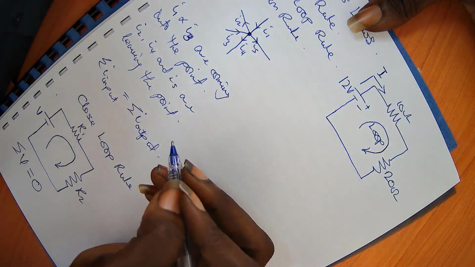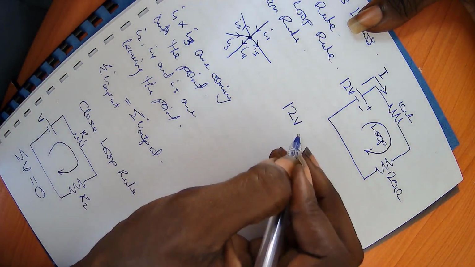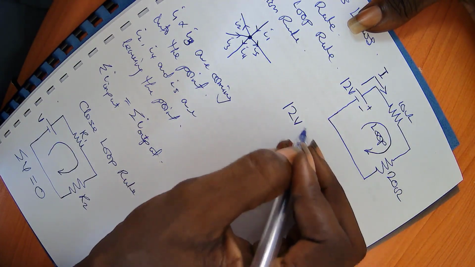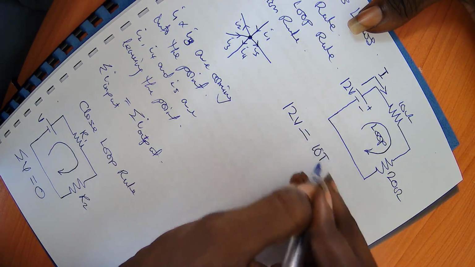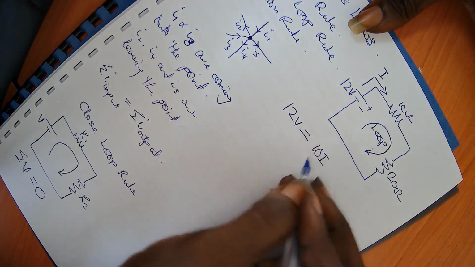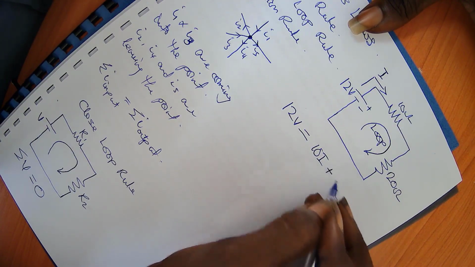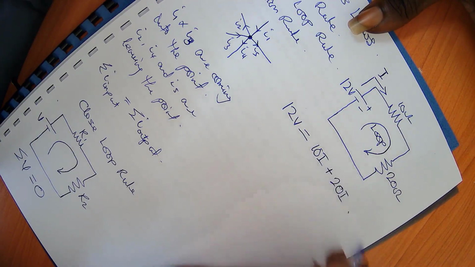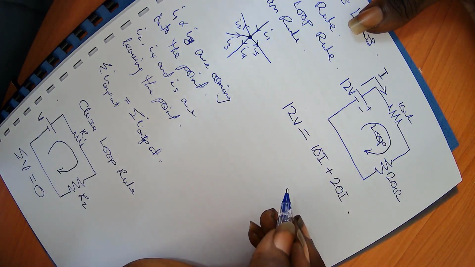So here, 12 volts is equal to 10I plus 20I, because it's a closed loop, so the same current is going to go through all of them.